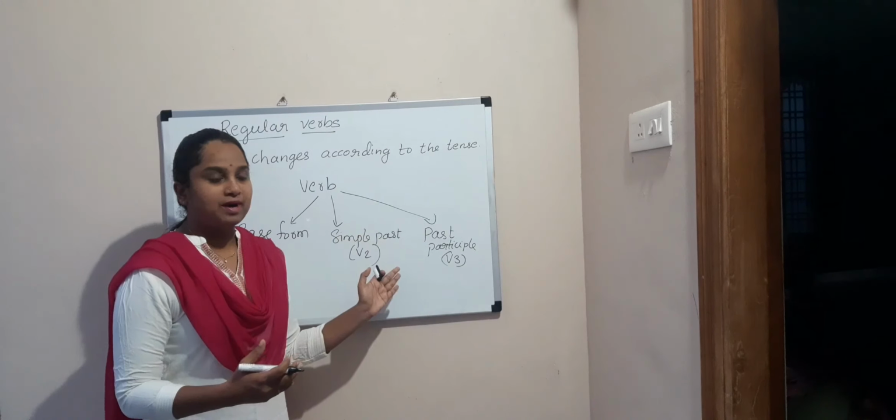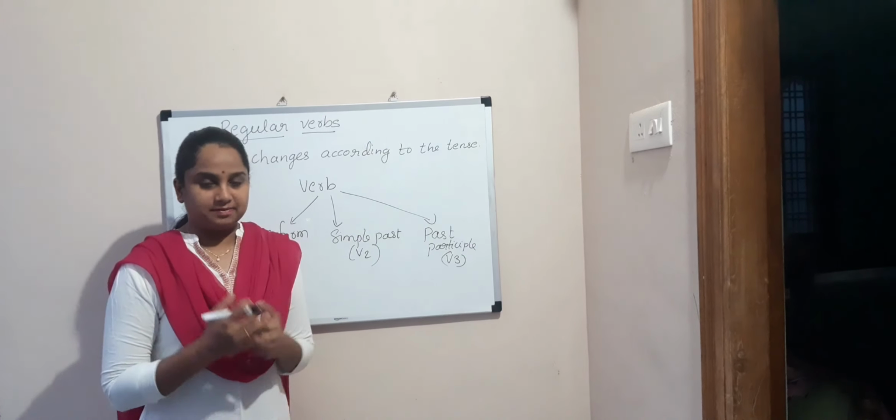So, a verb has three forms: base form, simple past, and past participle.